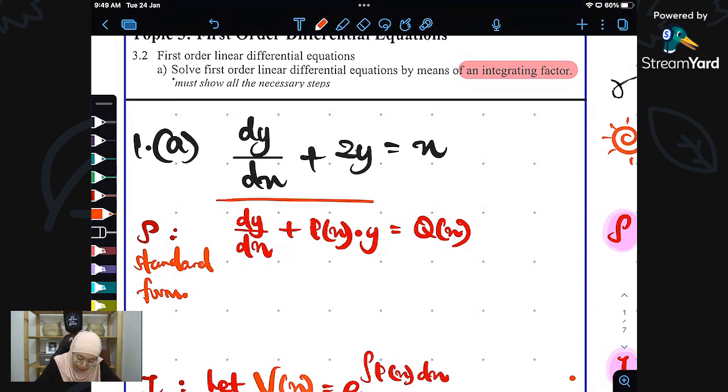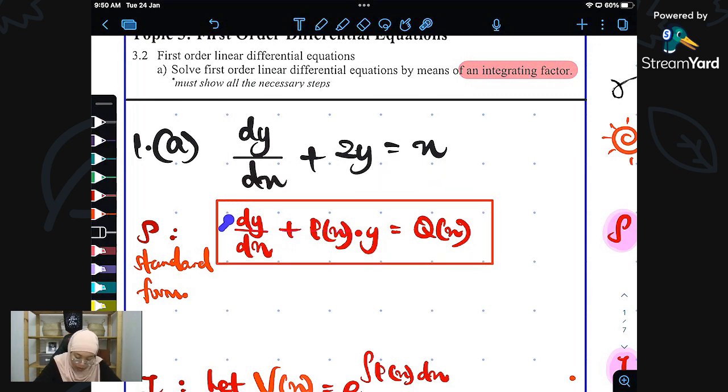Standard form is when we must have a single dy/dx, meaning coefficient 1 for dy/dx, plus p(x) times y. So this y variable is a must. I think we all should highlight this. Standard form must have dy/dx, and the y variable is very important in the second term.